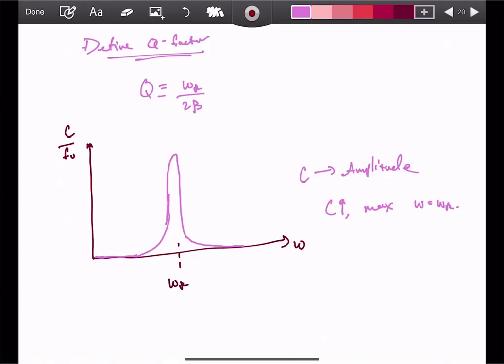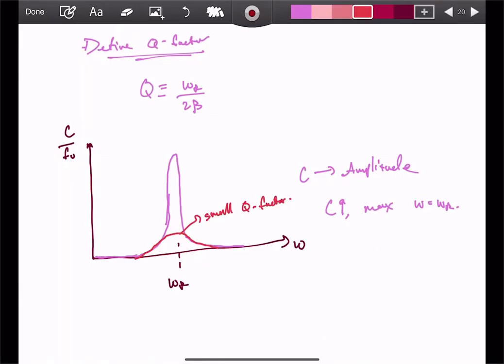This Q factor basically means that the smaller the Q factor is, the smaller this increase is going to be. So if I had a small Q factor, we're going to get a small amplitude. So this is going to be a small Q factor.